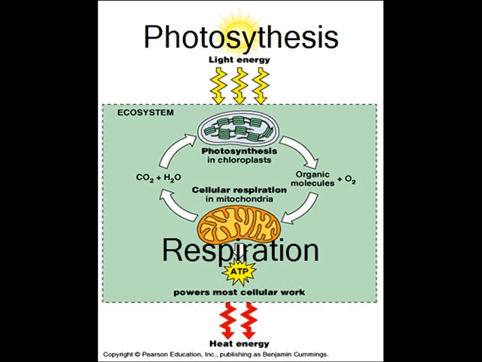Energy has to go in the form of light, whereas in respiration it produces energy in the form of ATP, making it an exergonic reaction. Also, keep in mind that in respiration you are losing electrons because they are given off to the glucose molecule.